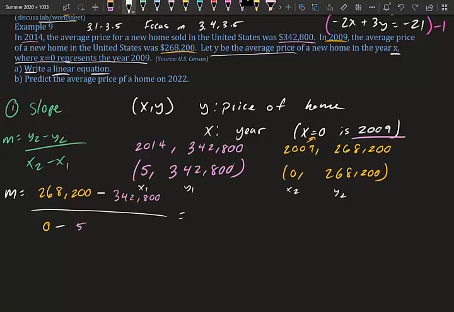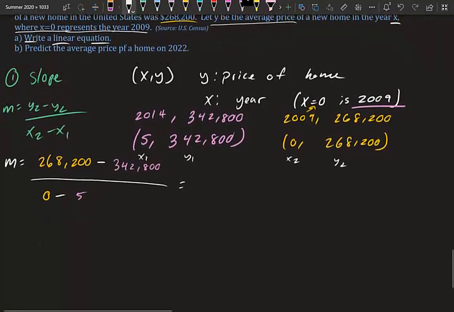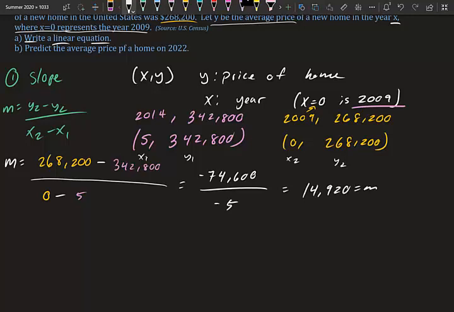So we simplify. 268,200 minus 342,800, we get negative 74,600 divided by negative 5, and we're left with 14,920 as our m.